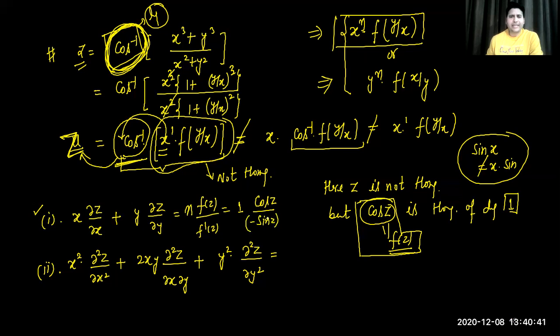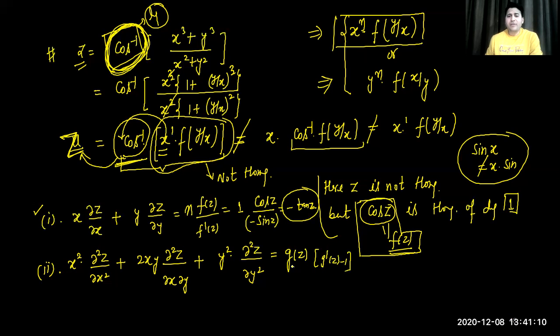I hope you know the differentiation of sin z is cos z, and of cos z is minus sin z, which gives minus tan z. So the result of the first expression is minus tan z. The result of the second one, if you remember, is g(z) into g dash z minus 1.